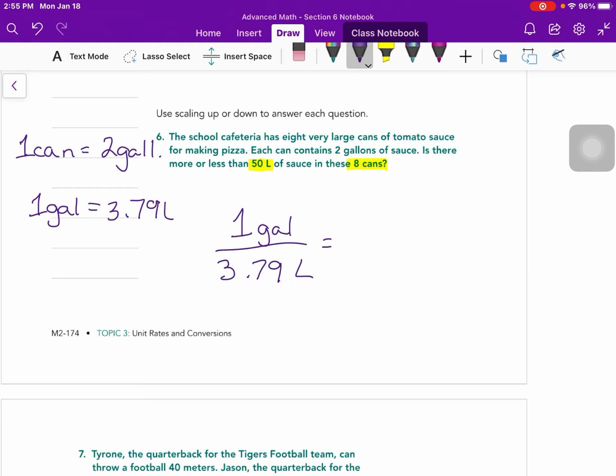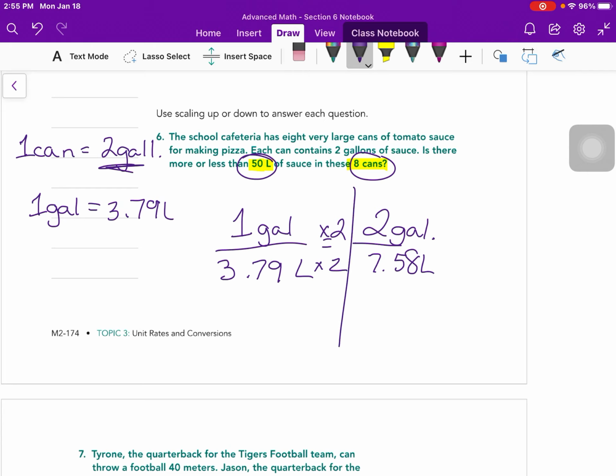Well, I have a 2-gallon can, so I want to take it times 2. So I take this times 2, and I can go ahead and use my calculator, and I would end up with 7.58 liters.